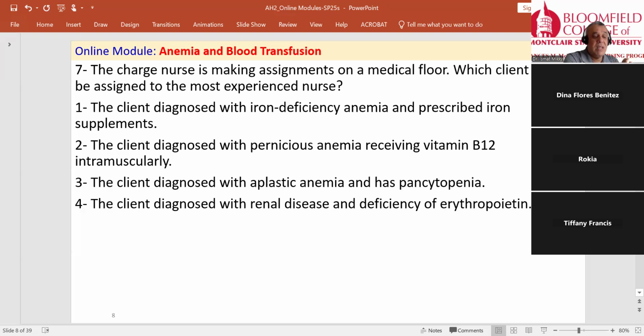A referral to a specialist should be done by the healthcare provider, whether that's an MD or a nurse practitioner. We cannot refer them to the hematologist, so that referral should be done by the HCP.